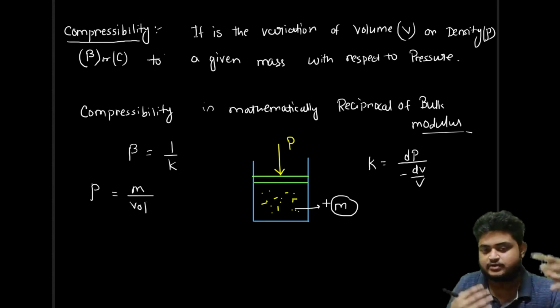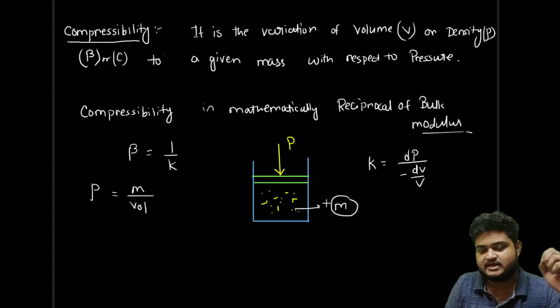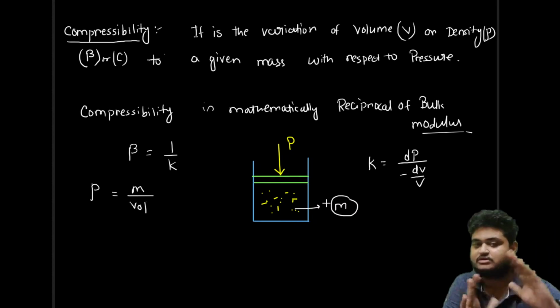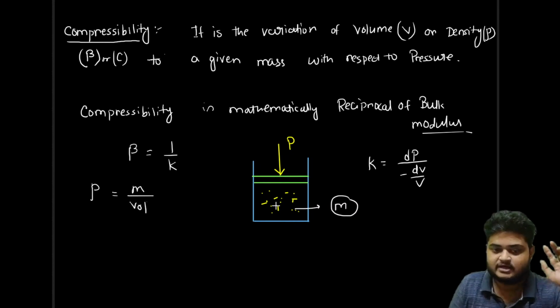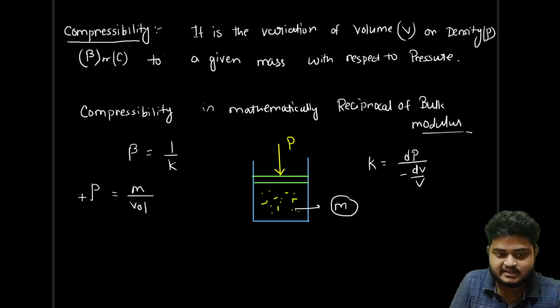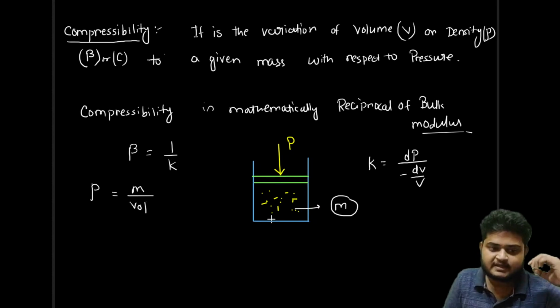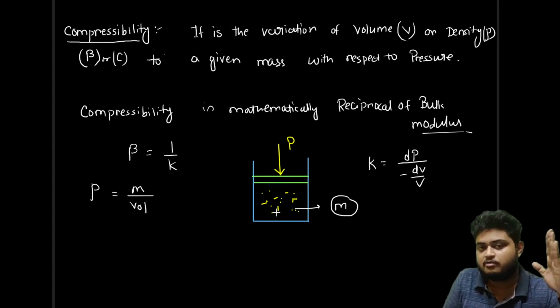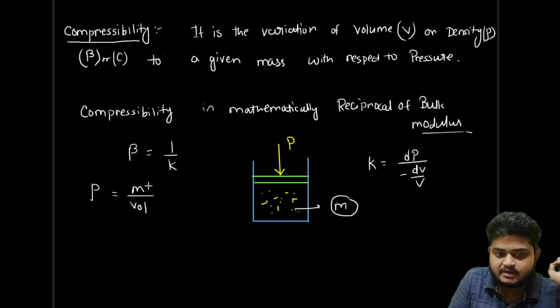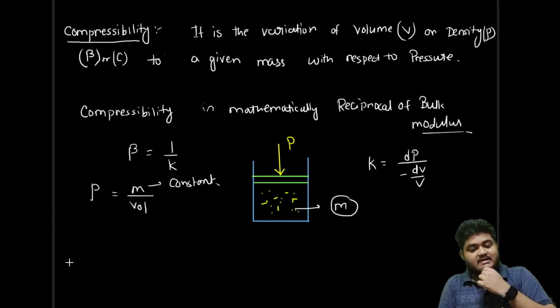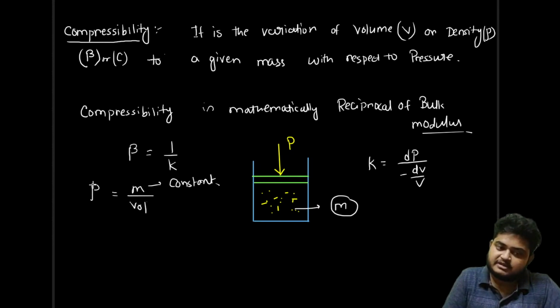What we can observe is the change in the volume, because with the increase of pressure the volume will decrease, not the mass. So mass is constant. If I want to calculate the rho, that means the density of that particular fluid, rho is equal to mass upon volume, but the mass is constant. But in this case, the rho can change with the change of volume.